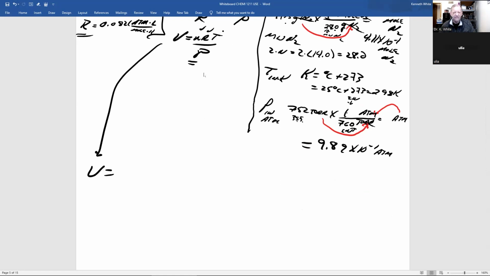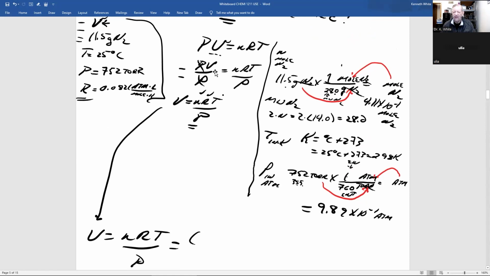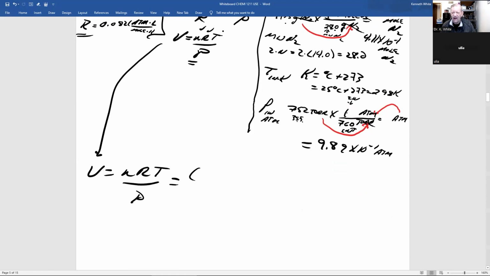V equal nRT over P. N we found was 4.11 times 10 to the minus 1 mole. Again, we're trying to find the volume of nitrogen in a car tire.